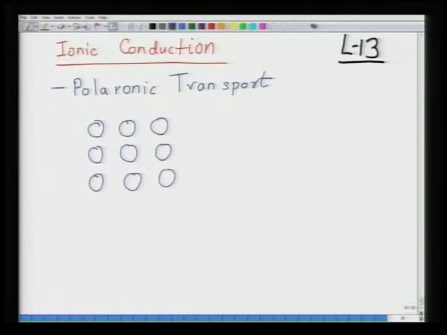Suppose this is one type of ion, and this is another type of ion. Let us say this is K plus, and this is Cl minus. Now, suppose you have an electron somewhere here.